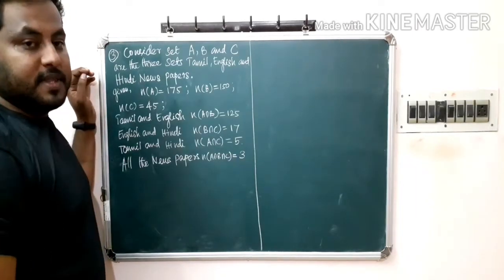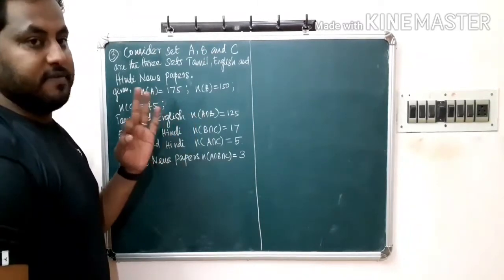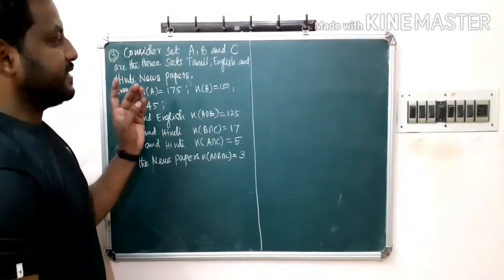Here Tamil, English and Hindi, 3 types of newspaper are given. So we have to take them as 3 sets.